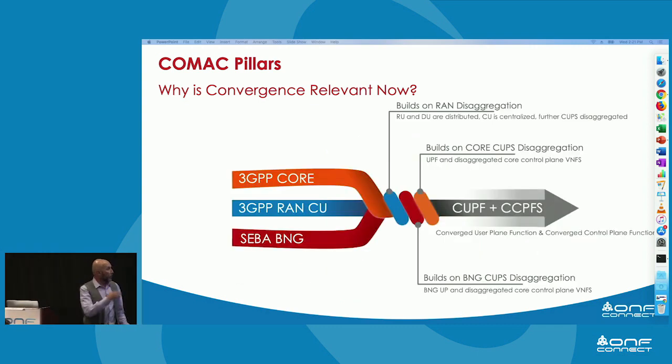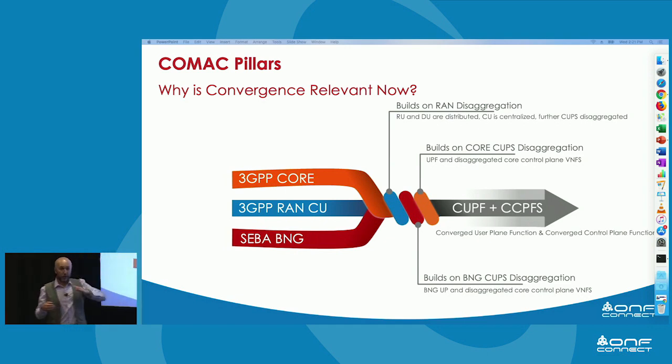So the pillars are as follows. We are going to be looking primarily at these two access technologies, mobile and broadband. On that front, at the edge, we have 3GPP core network presence, so we have at least the user plane, if not more. And then, in a disaggregated fashion, I have the central unit of the RAN.